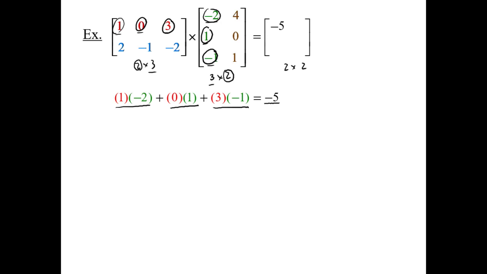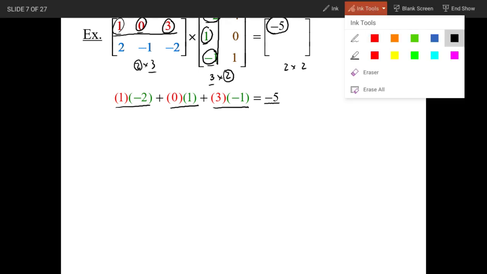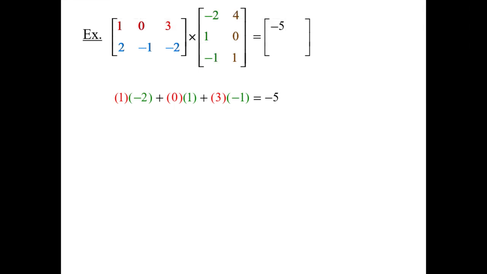Now notice that that was row 1 multiplying column 1, and so the result goes in row 1, column 1 of my final result. Let me erase my circling here. That was row 1 times column 1. Now let's do row 1 times column 2.